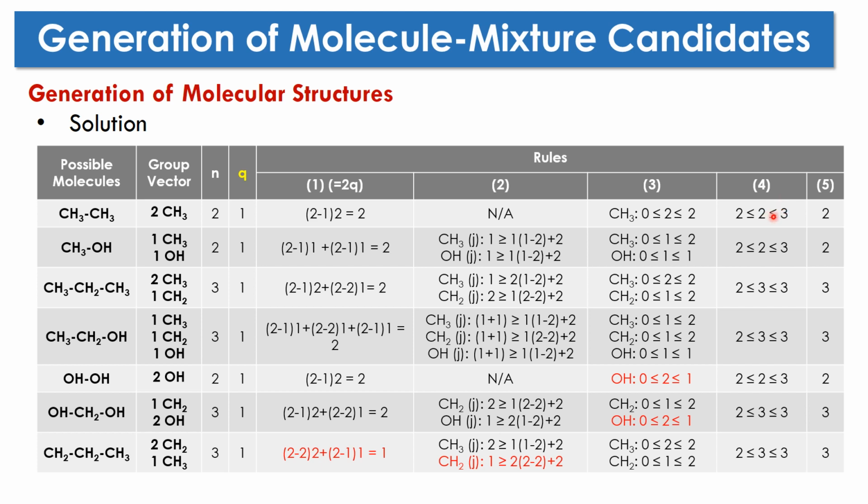Okay, and rule number 5 is just to calculate the number of groups available in the molecule, and by looking at the number, it satisfies the minimum and maximum number of groups that we set. Okay.